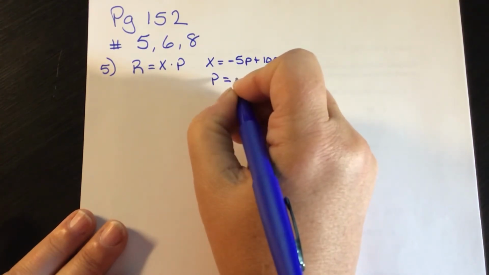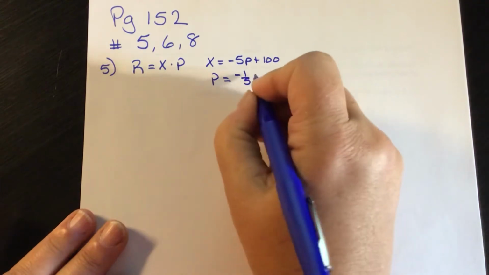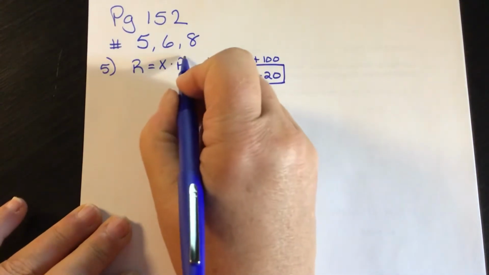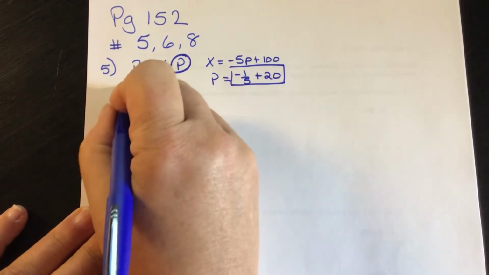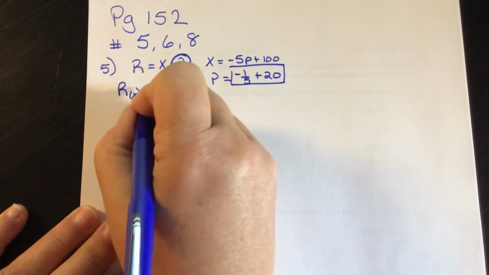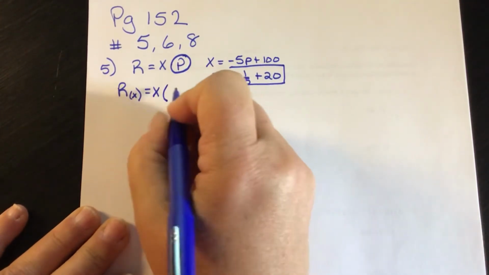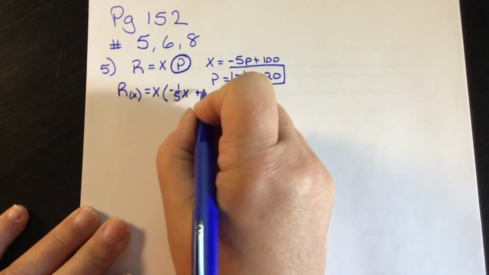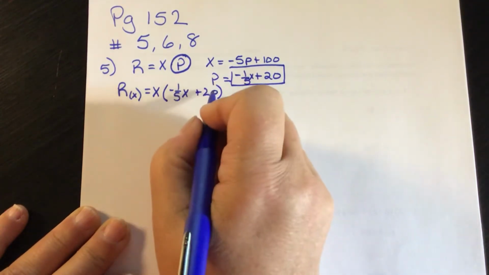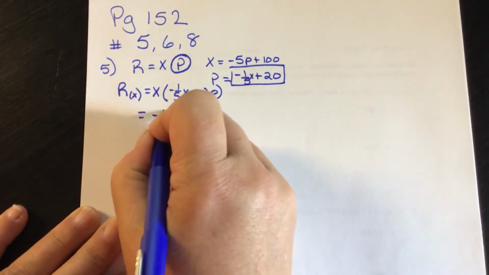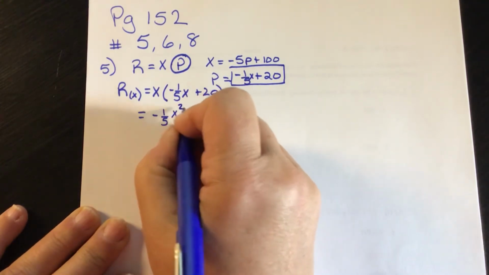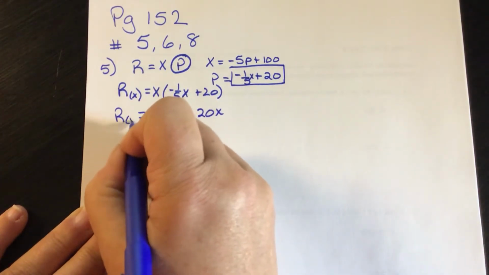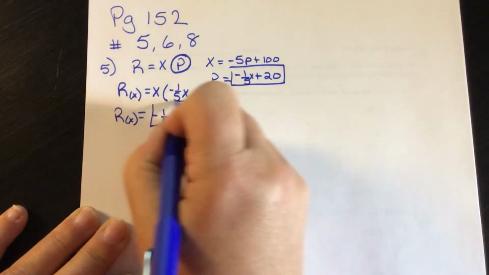So p is -1/5 x plus 20. This is the equation that I'm going to put in here for p. So my revenue in terms of x is now x times (-1/5 x plus 20). And when I distribute here, I get -1/5 times x squared plus 20x. And this is our equation that we're going to use.